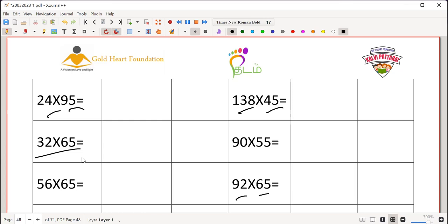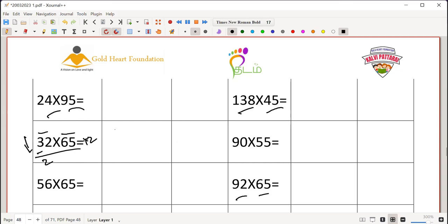Are you sure? Check. When you get an even number with a number ending with 5, what you have to do is halve the even number and double the number with 5.